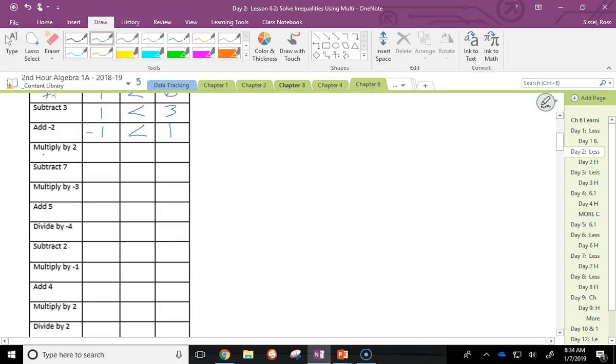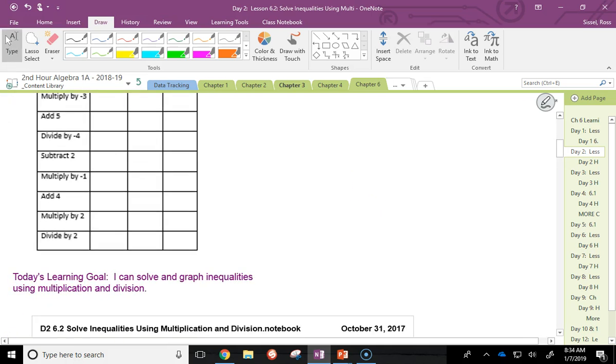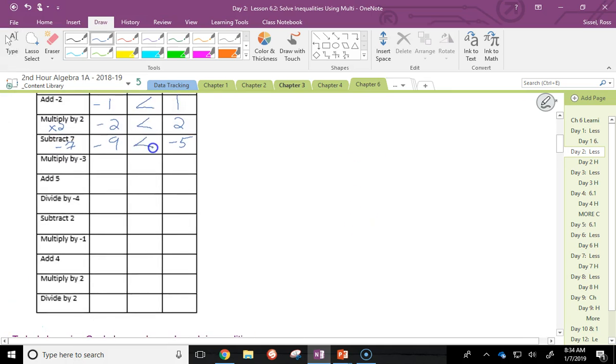So now when I multiply by 2, I get negative 2 and 2. Inequality sign is? I'm going to subtract 7. Negative 9, negative 5. Inequality sign? Still less than. We're going to multiply by negative 3.